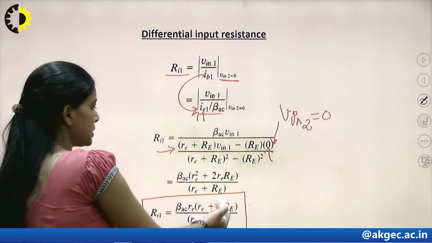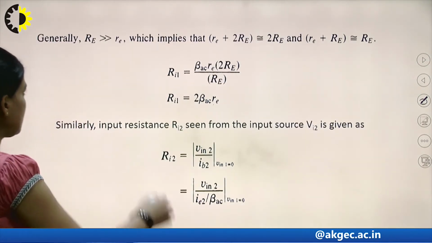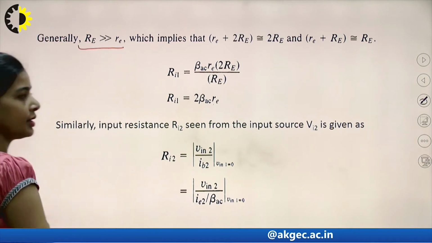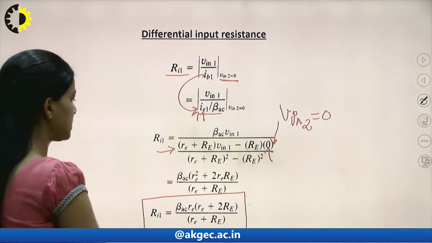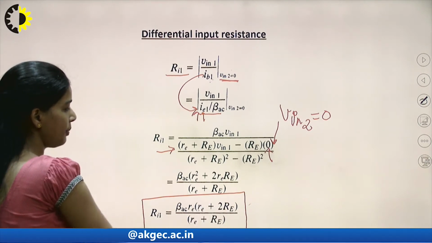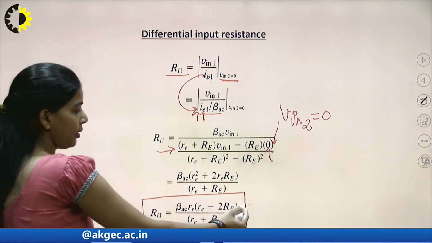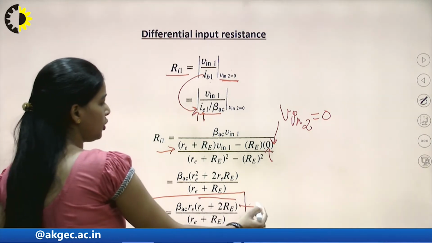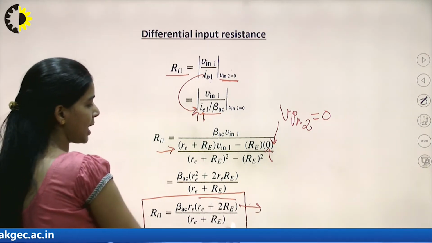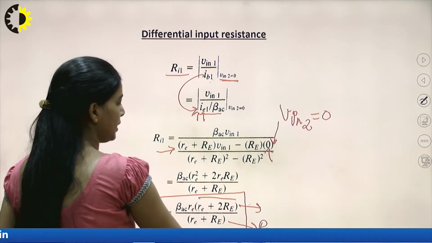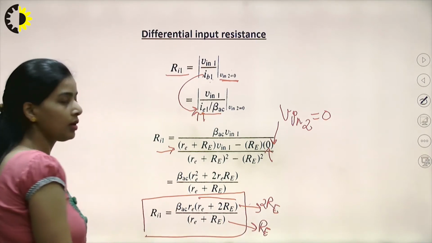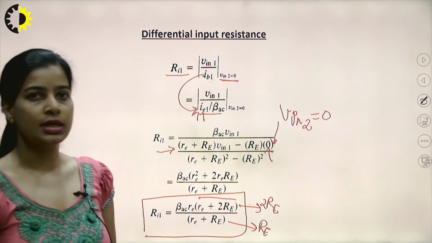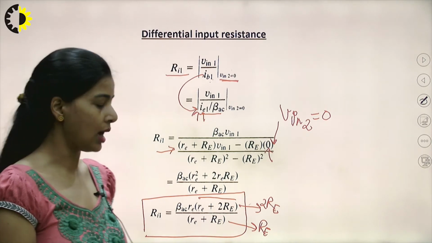Normally the capital RE value is much greater than the small re value. So re plus 2RE is reduced to nearly 2RE, and re plus RE is reduced to nearly RE, taking that capital RE is greater than small re.